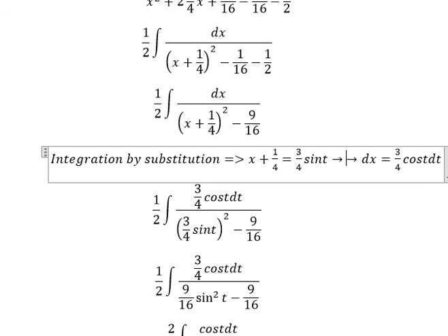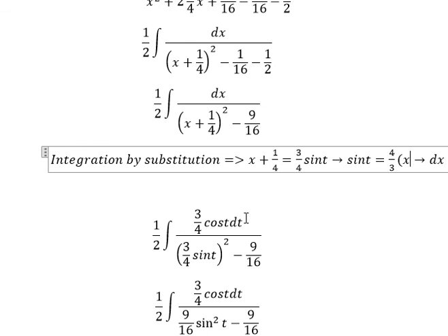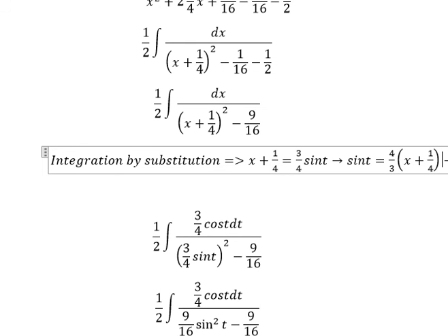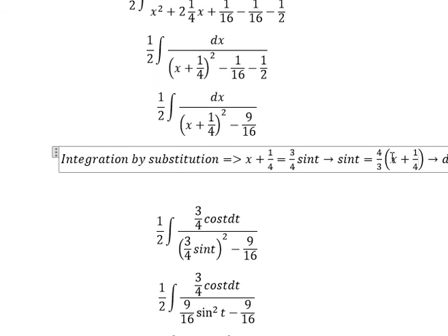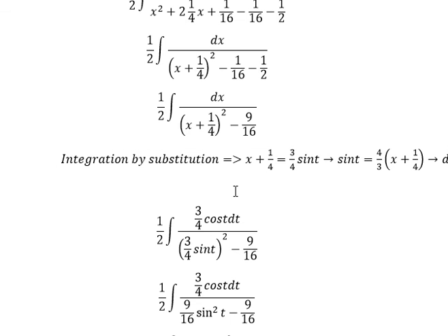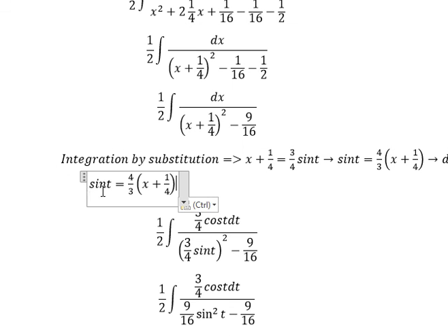So we have sine t equal to 4 over 3 multiplied with x plus 1 over 4. Later we can put t equal to arcsine for this one.